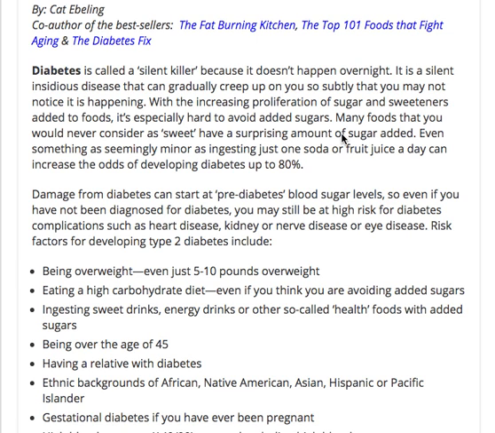Many foods that you would never consider as "sweet". You see again, they use the little marks because this is how many people describe the food. Sweet foods have a surprising amount of sugar added. Even something as seemingly minor as ingesting just one soda or fruit juice a day can increase the odds of developing diabetes up to 80%.